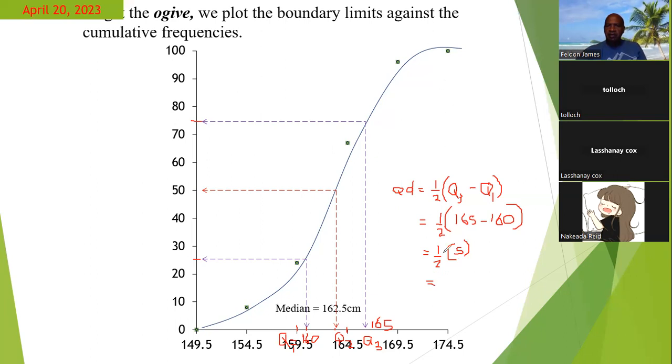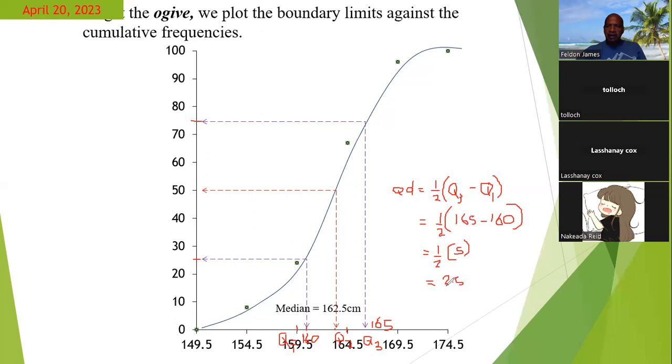So in terms of our quartile deviation, the value would be 2.5. And this value would tell you how far you move away from the mean, on either side of your mean. So the deviation value would be 2.5.